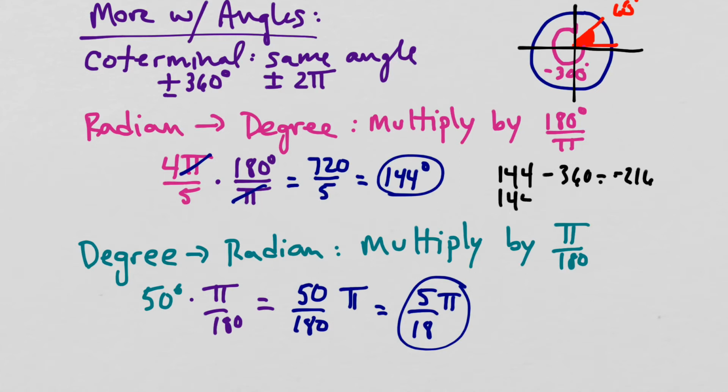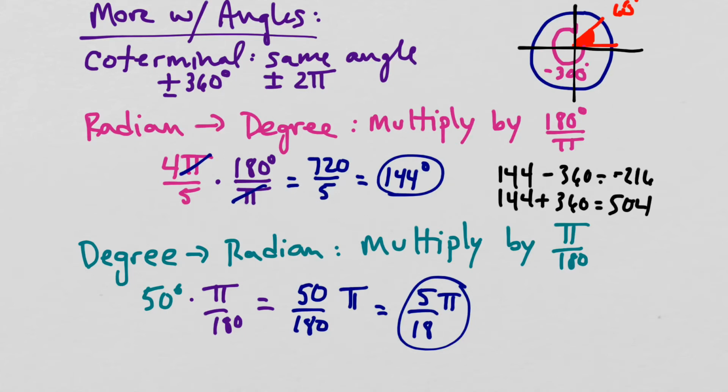We could also add 360 degrees and say that our coterminal angle is 504 degrees. Those would also be coterminal.